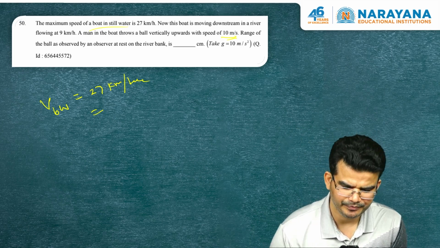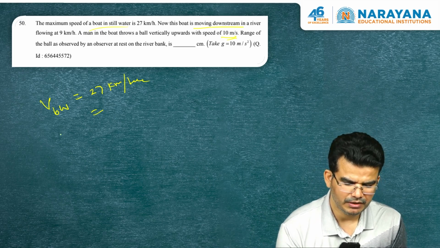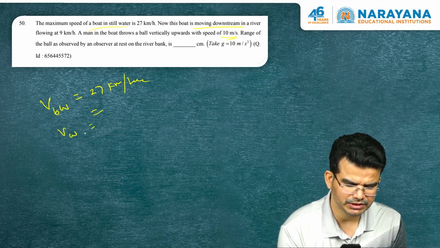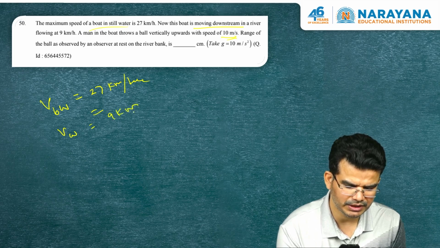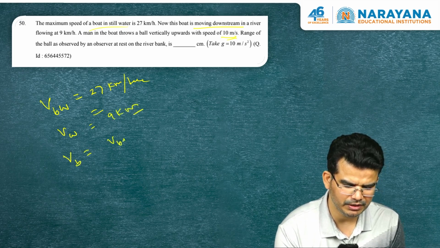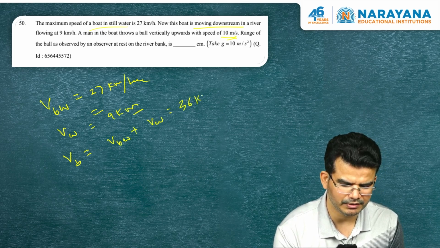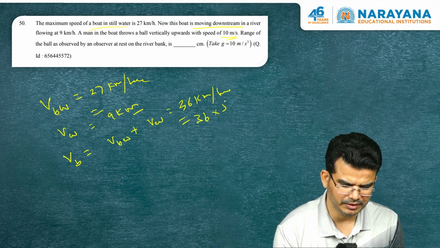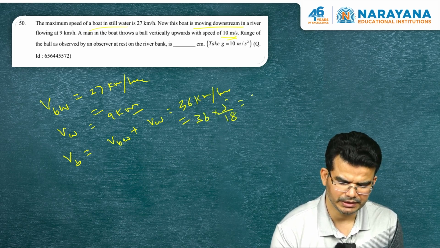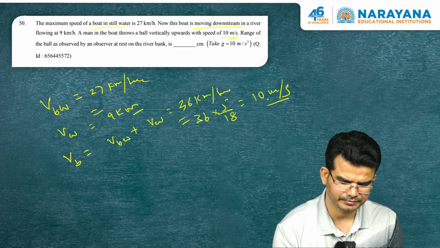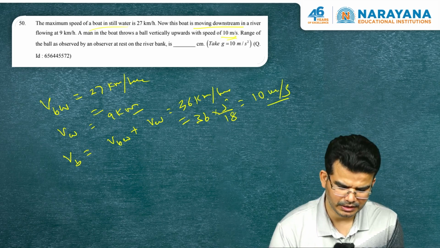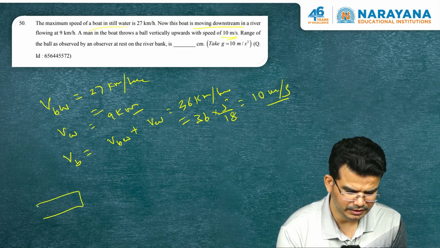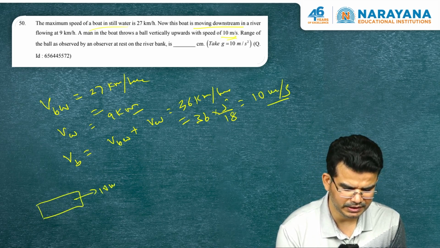So, we will see. Moving downstream, velocity of water is 9 km per hour. So, velocity of boat downstream will be VBW plus VW, very simple, which is 36 km per hour. In meter per second it is 36 into 5 by 18, which is 10 meter per second, correct? So, the boat is travelling with 10 meter per second in the ground frame.